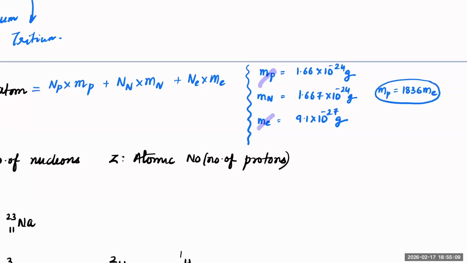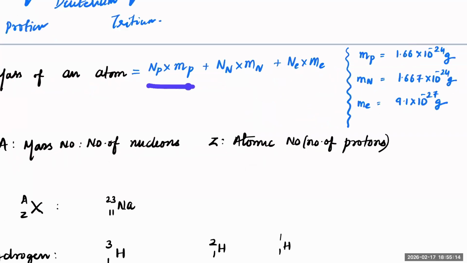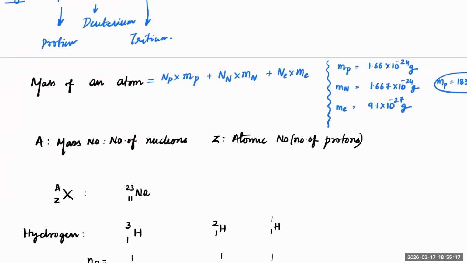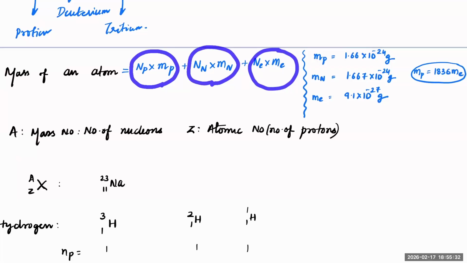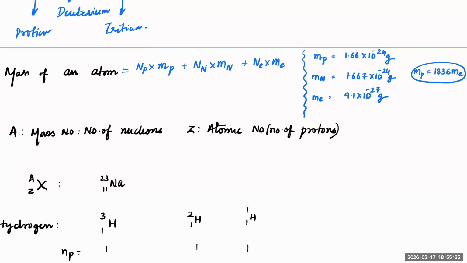Now, keeping this information with us, if I write the values here and try to figure out what is the mass of an atom, can I say that the total mass of electron will be significantly less than total mass of proton and total mass of neutron together? So in comparison, this is an extremely small value. Got it?